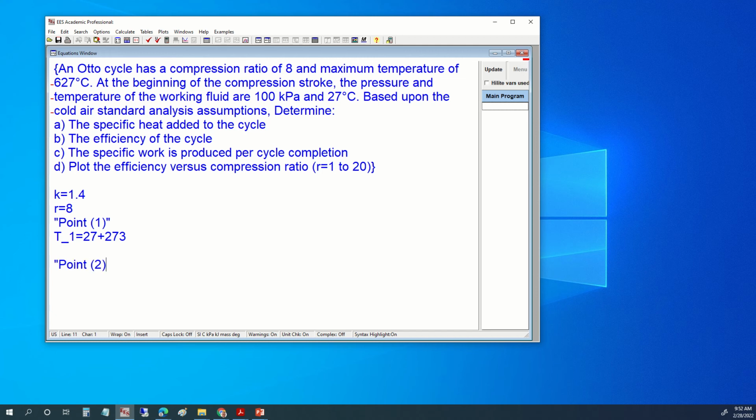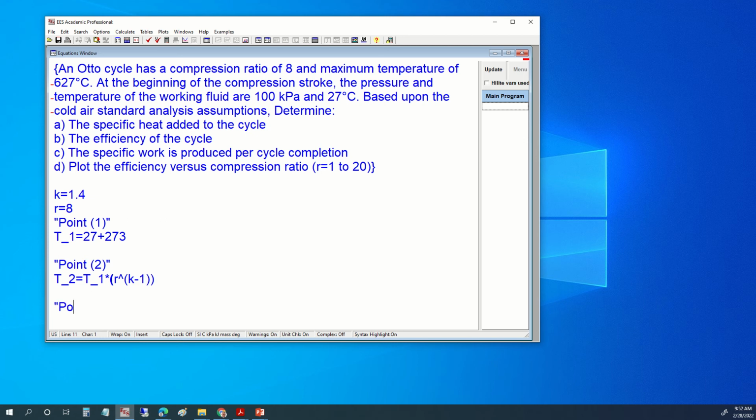I know the process from 1 to 2 is isentropic, so if I want to find the temperature at 2, I know it by knowing the temperature at 1 multiplied by the compression ratio R to the power K minus 1, and this relation we get from the isentropic relation. So the process here is isentropic from 1 to 2.